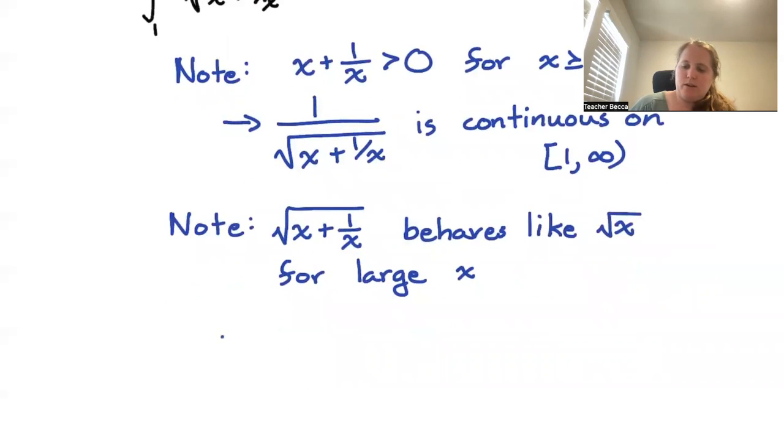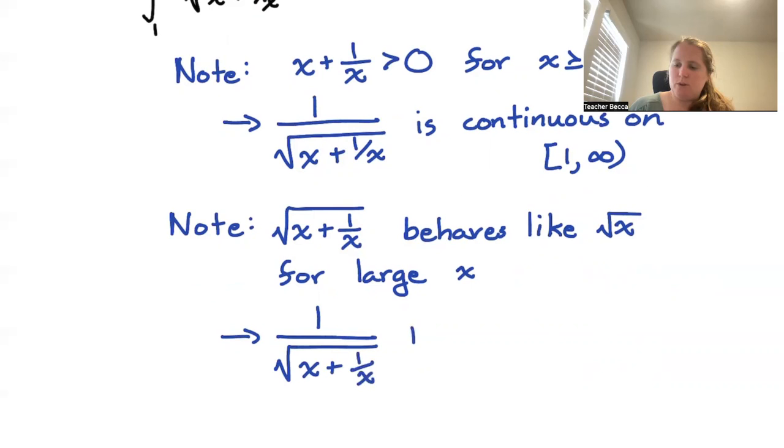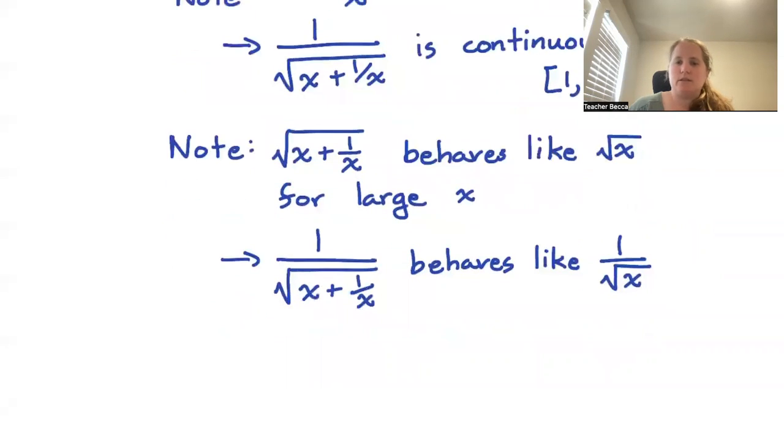And so that should mean that 1 over the square root of x plus 1 over x should behave like 1 over the square root of x for large x. So we will go ahead and take our 1 over square root of x plus 1 over x as our f of x. 1 over square root x will be our g of x.